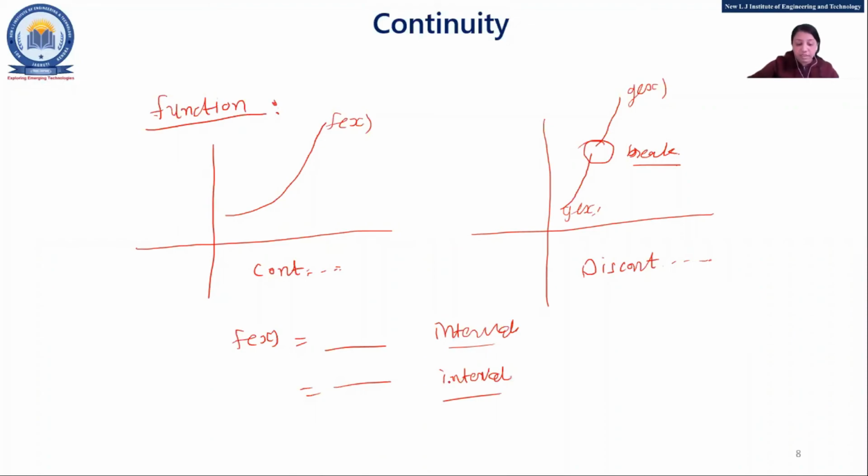The next concept is how to check the continuity of a function. When we talk about the continuity of some function, it will be at some point. For example, it will be asked whether, at this particular point, the function is continuous or not.